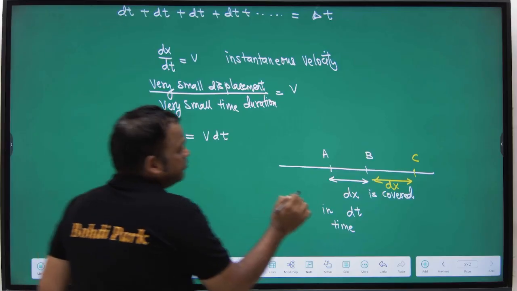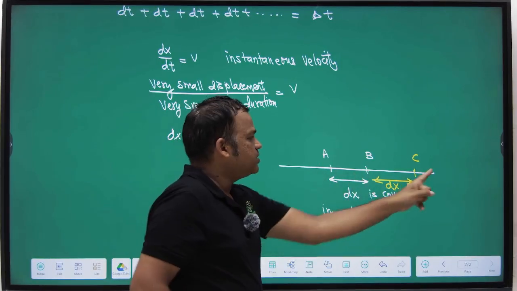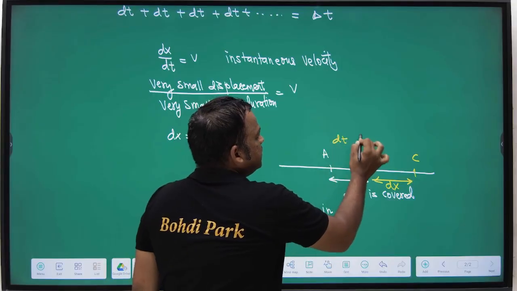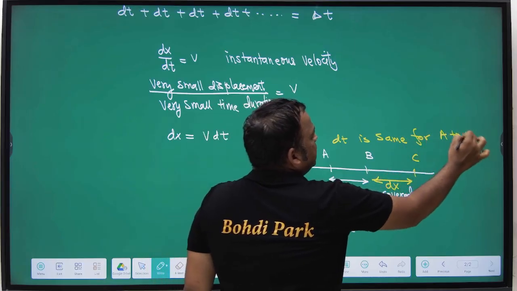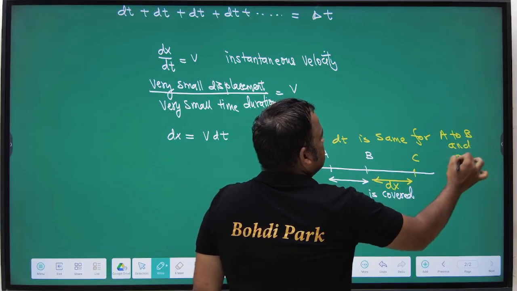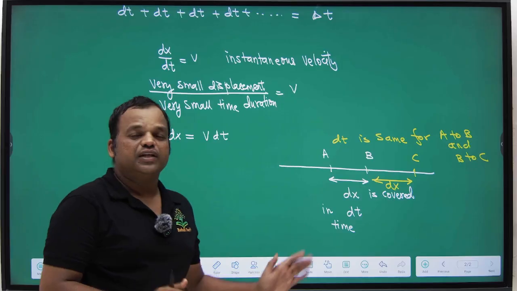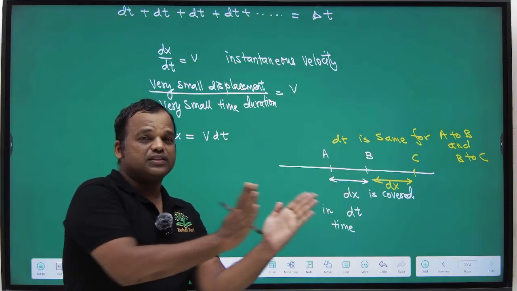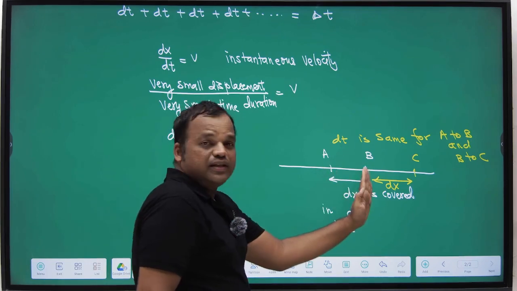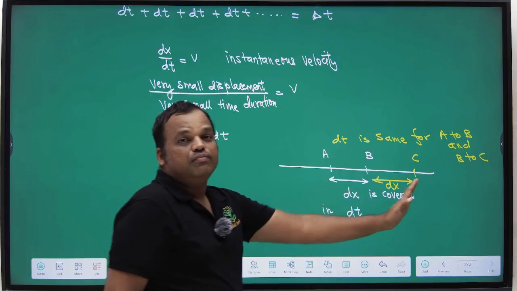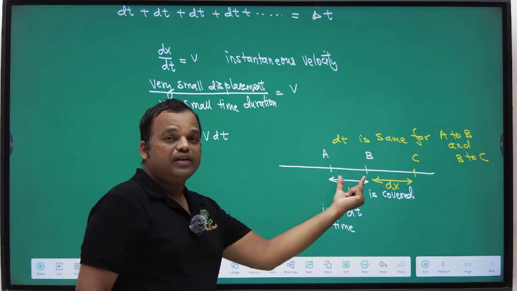The dt is the same. The time from A to B is the same as from B to C. The time duration is the same, that is the instant of time is the same. But the instantaneous velocity can be different.